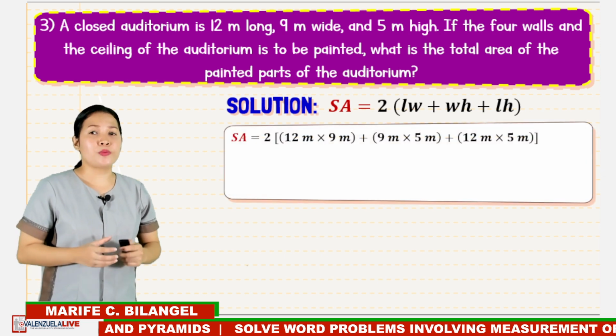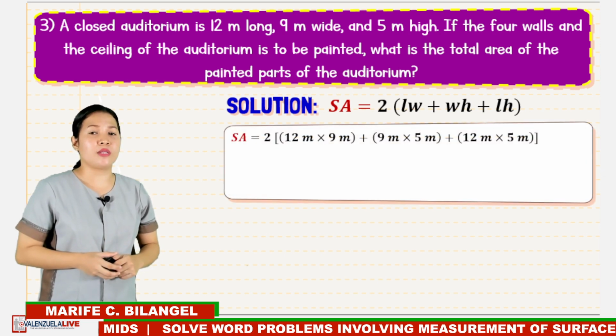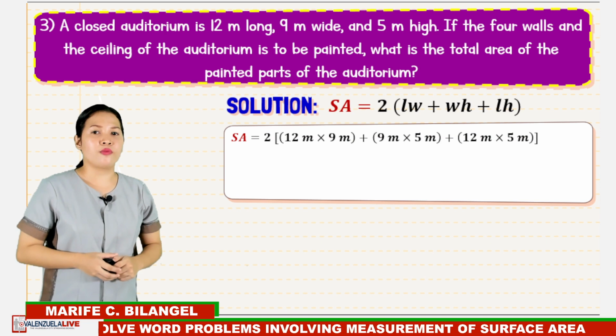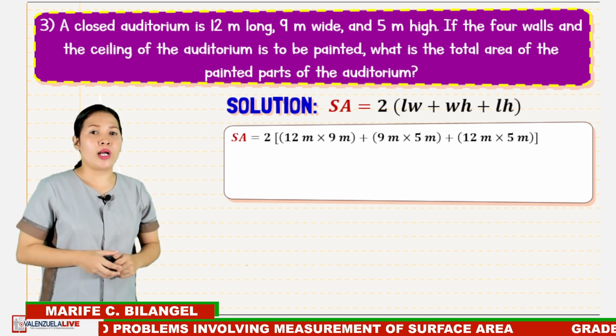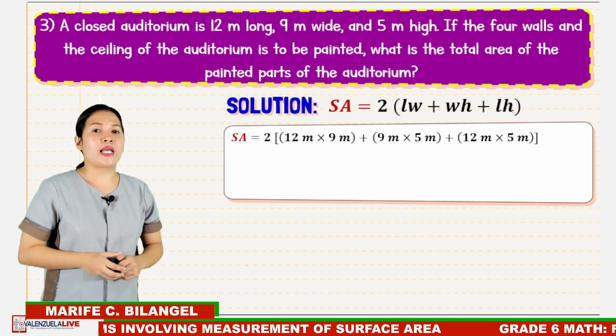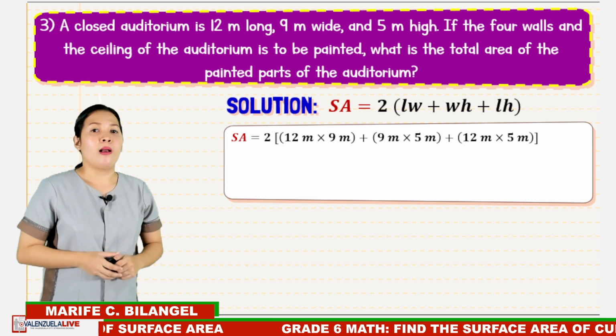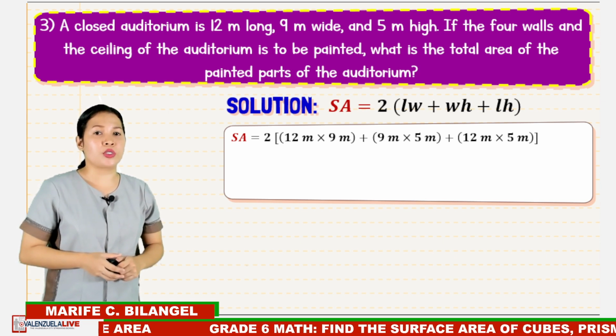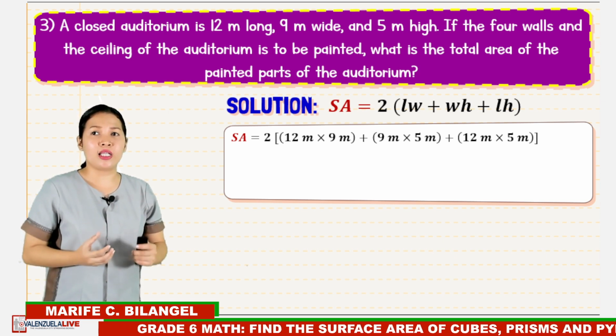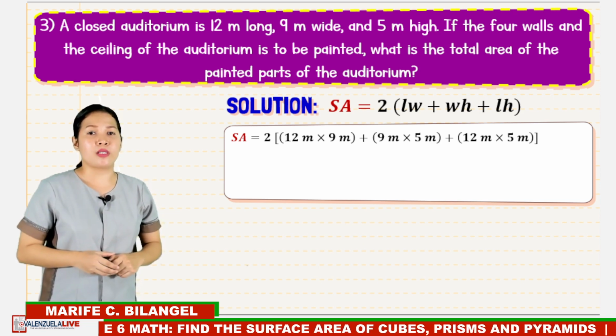Let us now substitute the dimensions in the given formula. We have 2 times (12 times 9 plus 9 meters times 5 meters plus 12 meters times 5 meters). Again, we must apply here the PEMDAS rule.